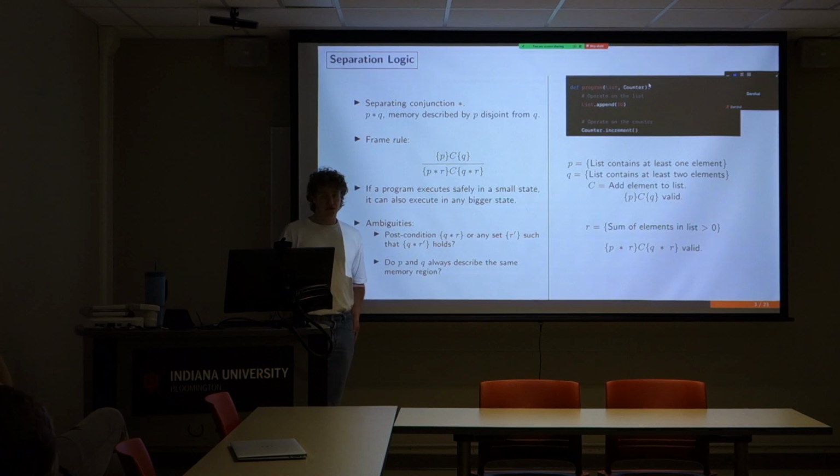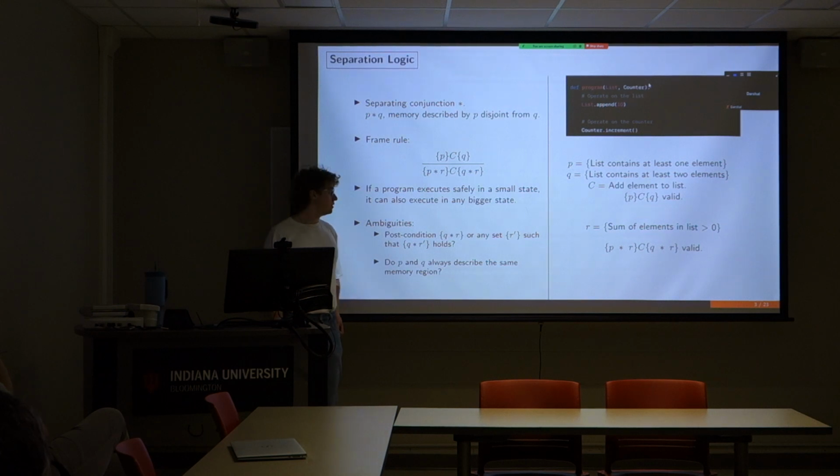There are some different ways of interpreting this. So if you look at the assertions R, with this notation, it should be the case that the assertions are the same set of assertions. But should it also be possible to extend the assertions of P with R and then extend the assertions of the postcondition Q with R prime, maybe some different assertions that describe a different disjoint part of the memory?